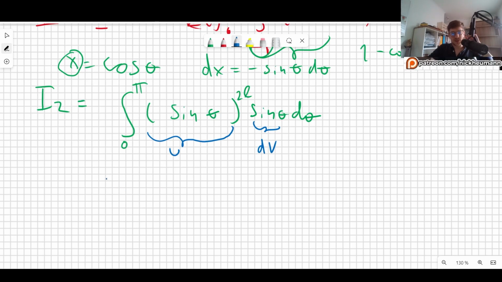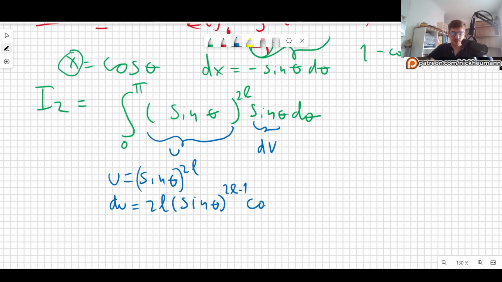So if u is sine theta to the 2L, then du is 2L sine of theta to the 2L minus 1 times the derivative of sine, which is cosine theta d theta, and dv is simply sine of theta d theta, which means that v is minus cosine theta.